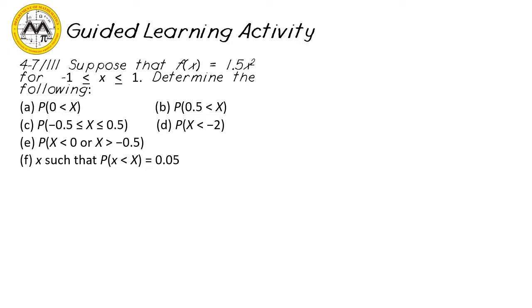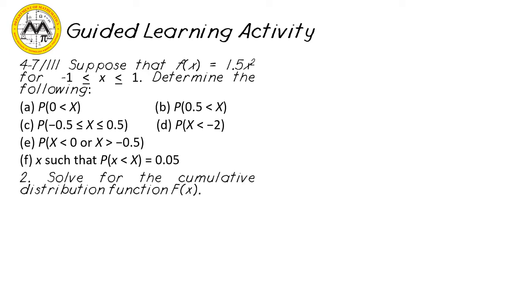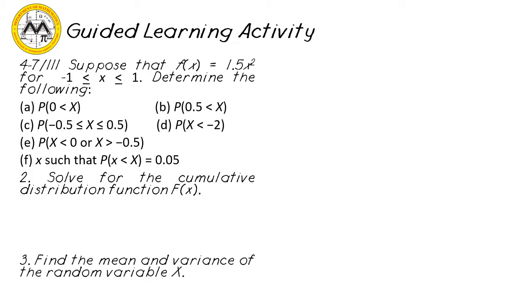Find x such that the probability of the random variable x taking values greater than x is 0.05. Also solve for the cumulative distribution function of x and the mean and variance for the random variable x.